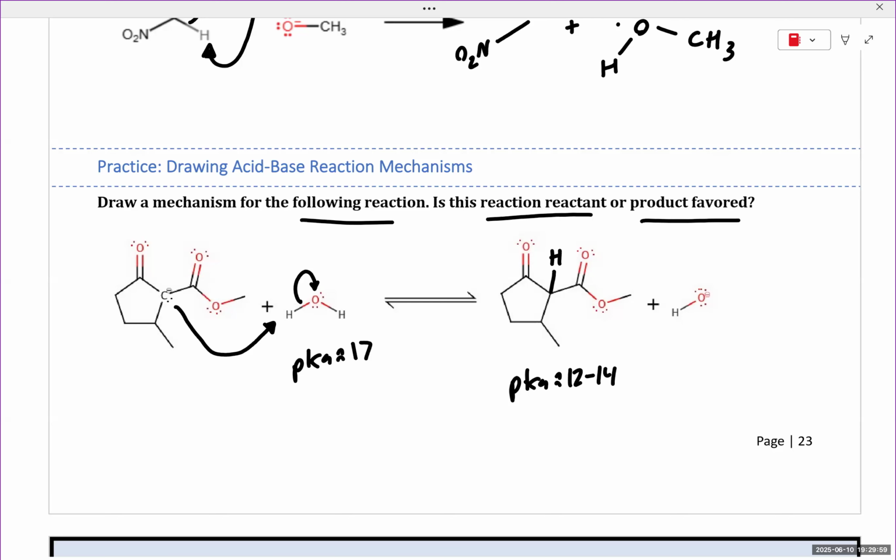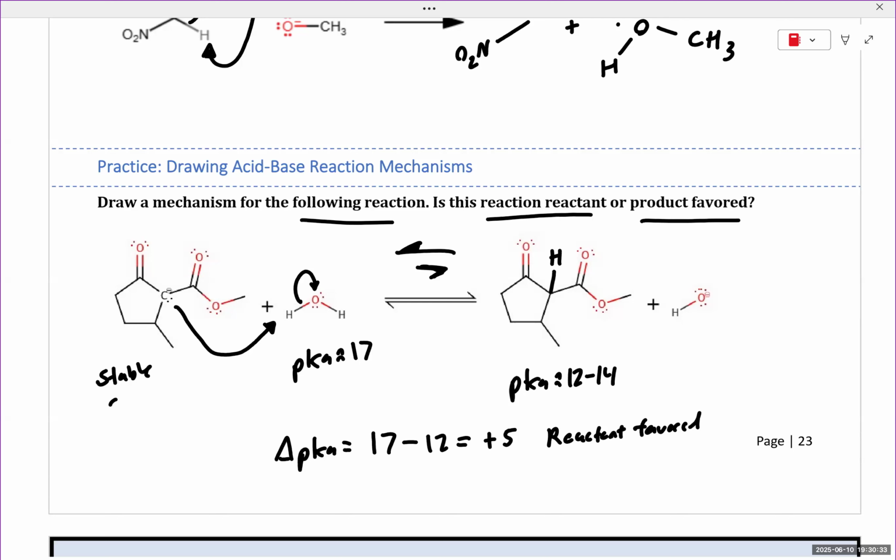Now, based on these pKa values, if we look at the difference in pKa, so if we take 17 minus 12, that gives us positive 5. And that tells us that this overall equilibrium is reactant favored. In other words, we can also figure out the directionality of this reaction by thinking about anion stability. This anion is a stable anion.